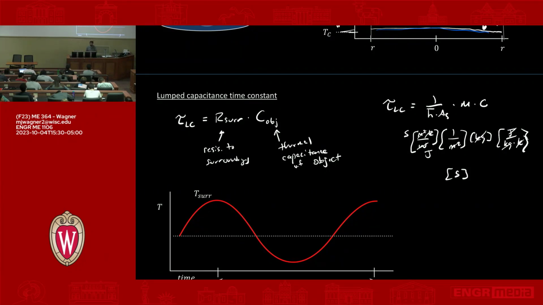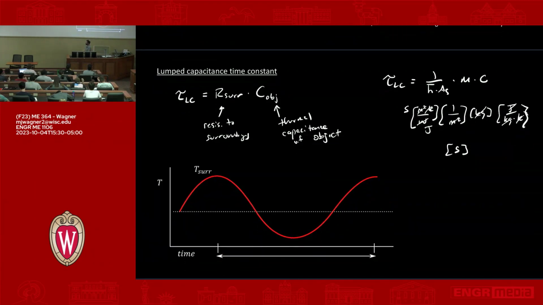Okay. So why do I have a sine wave down here? Well, I want to show you what it looks like to have different time constants, different values of tau LC, when the surroundings are changing. Let's say, instead of your house, a really big rock.